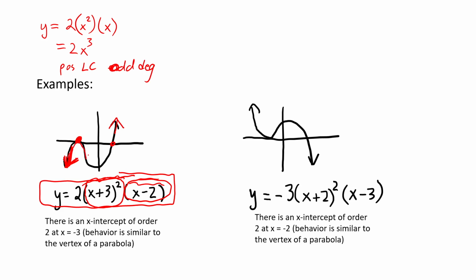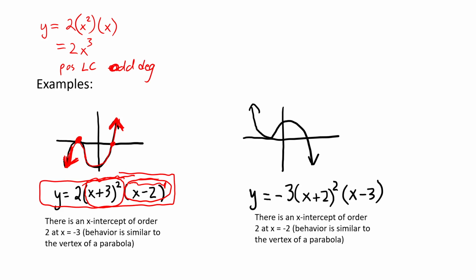Then we'll continue going left to right, but we'll see that we are approaching an x-intercept at x equals 2. This is a degree 1 x-intercept. So that means, just like a standard x-intercept, we're going to go through the x-axis, because there's nothing particularly special about an x-intercept of degree 1. We just cut through. And that's how we get what the function looks like.